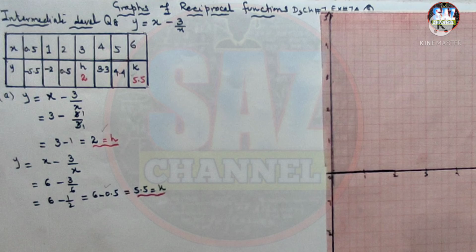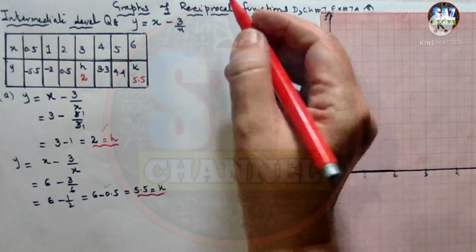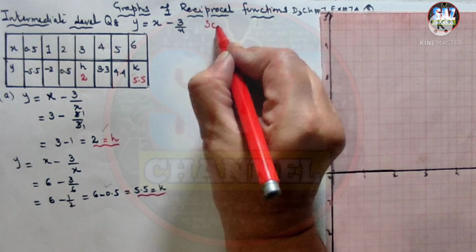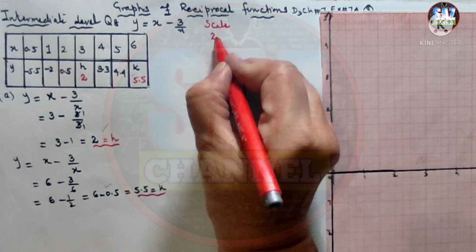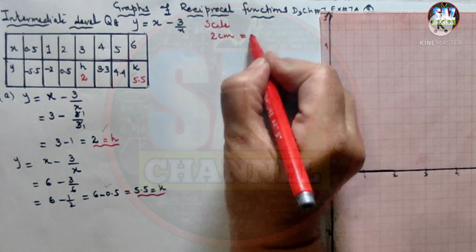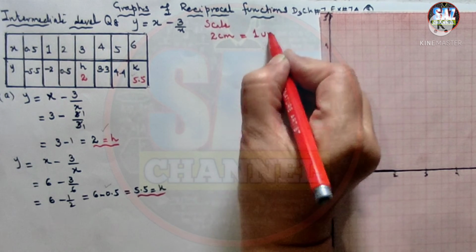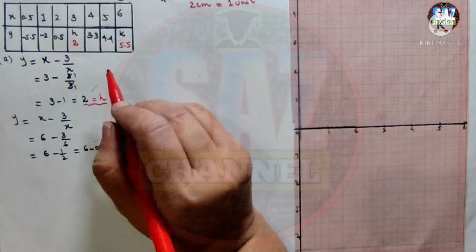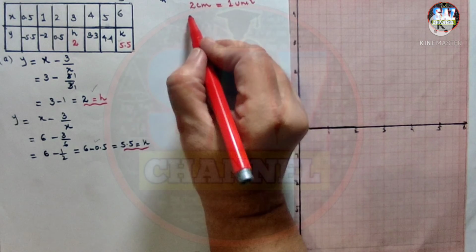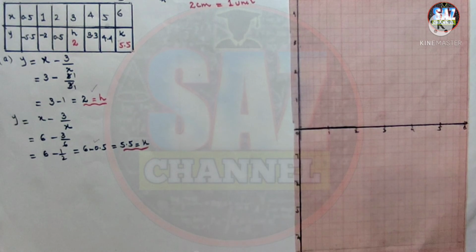For that, the scale which is given in the question is 2 centimeters equals 1 unit for both the axes. It's really important to understand the scale because some students find it really difficult to locate the position of different points. So 2 centimeters means that 20 small blocks are equal to 1.